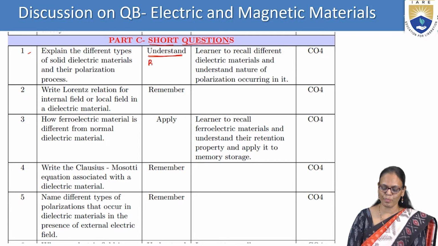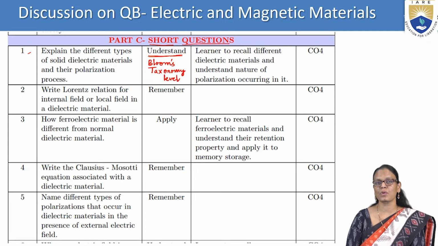We call it Bloom's taxonomy level. This helps us understand the level of learning the question needs. When I say understand, it is the understanding level. Generally, we have remember, understand, and then apply. These are the three levels of questions which you will be asked at the first year level.